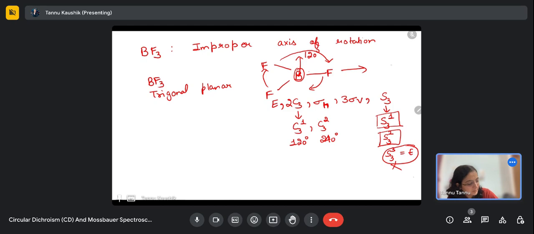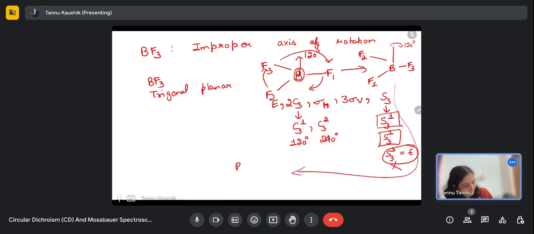we will get F1, F2, F3, BF3, F1, F2. Now if you rotate this molecule again at a 120-degree angle, what will you get? BF2, F1, F3.